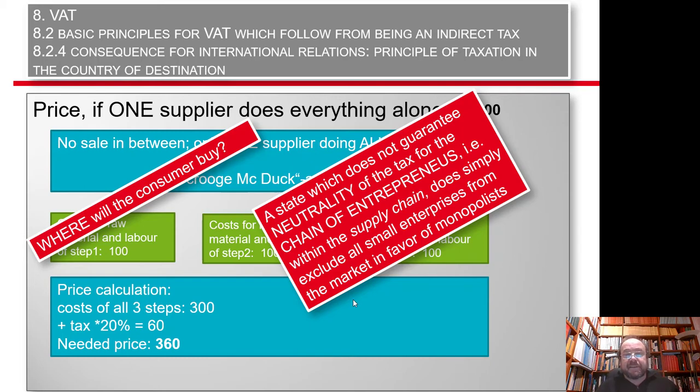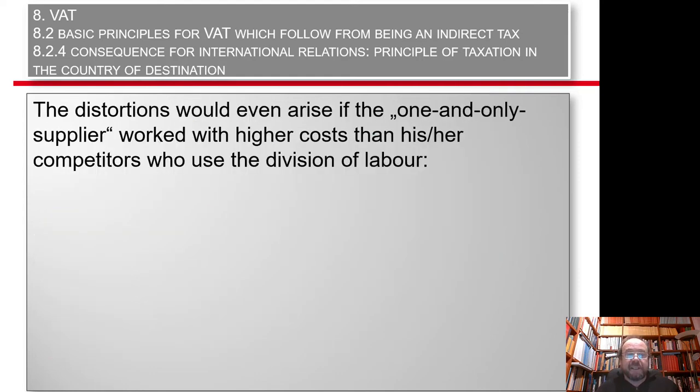This is really not what a state should do. So if you want to have a market economy, that's exactly the wrong way. So you need to treat all the entrepreneurs in a way that they have equal chances, irrespective of whether they share the work distributed among several enterprises or if one does everything.